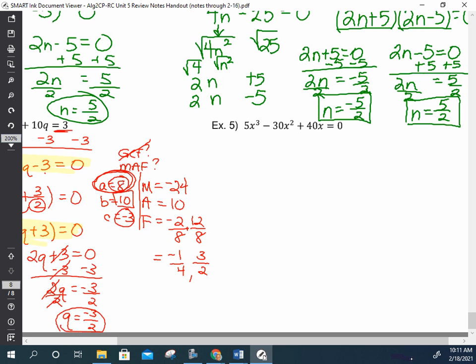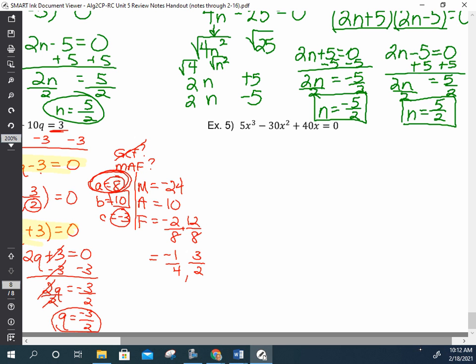All right, last and final example. Example 5, 5x to the third minus 30x squared plus 40x equals 0. We finally got one that equals 0, so we don't have to worry about moving anything. It's already equal to 0, so that's good.